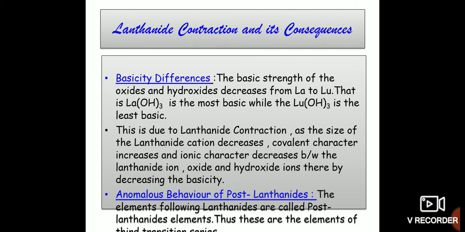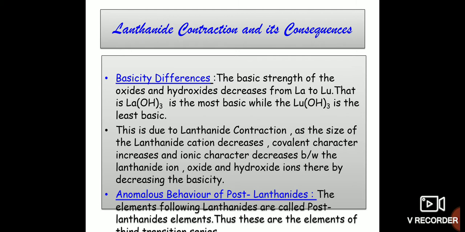Because of that decrease in size of the lanthanide cations, there is an increase in the covalent character and a decrease in the ionic character between the lanthanide ions and the oxide and hydroxide ions. Thereby it reduces the basicity from lanthanum to lutetium. That is why lanthanum hydroxide seems to be most basic, while lutetium hydroxide is the least basic.